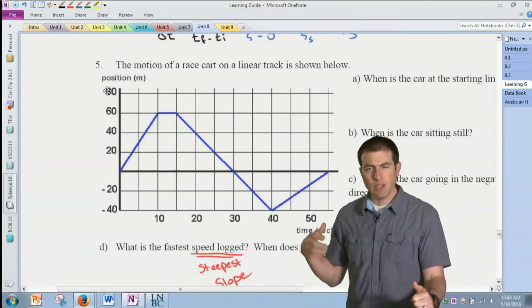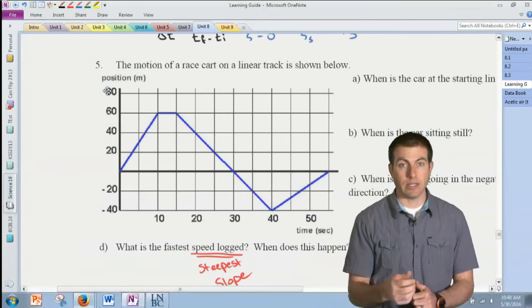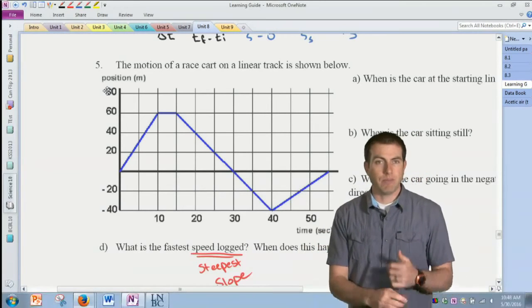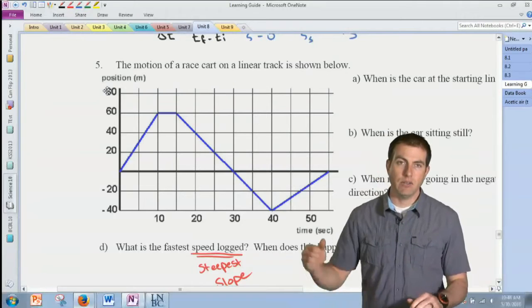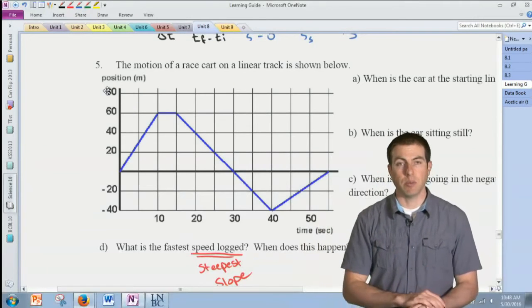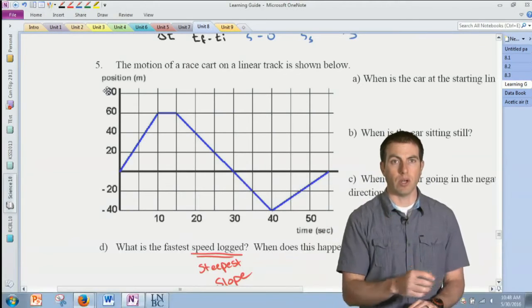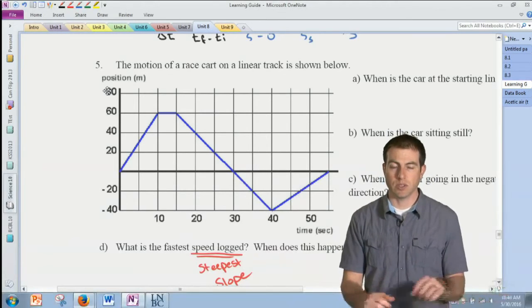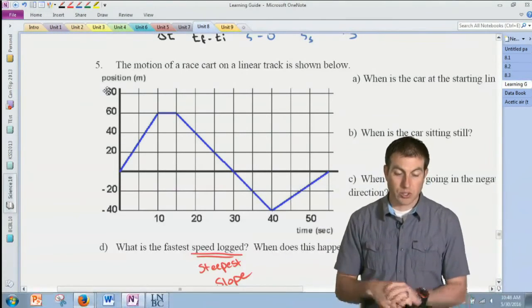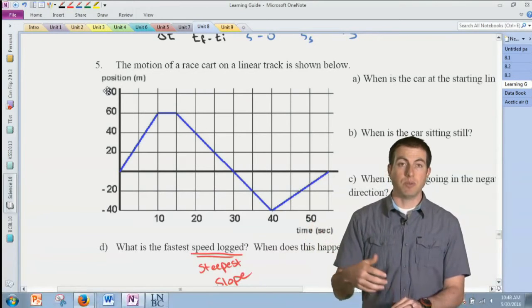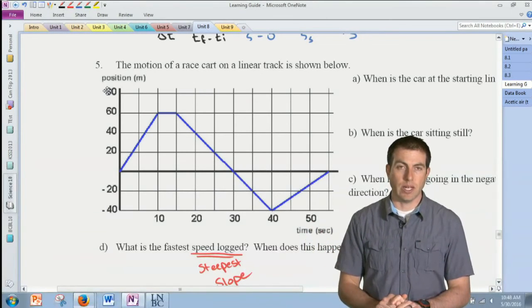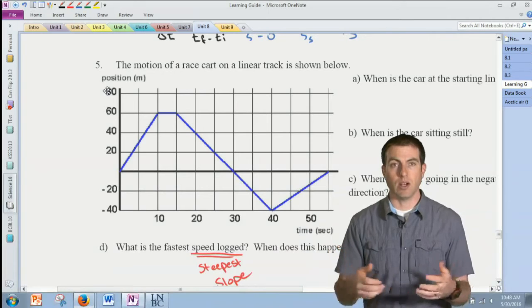So if the question doesn't have an east in it or a west in it, then your answer shouldn't either. If your question says they're moving forward and your answer is positive, it's moving forward. If your answer is negative, it's moving backwards. If you have a question where it says an object's moving up and you end up with a positive answer, okay, that object's moving up.